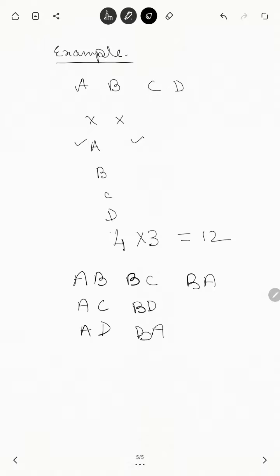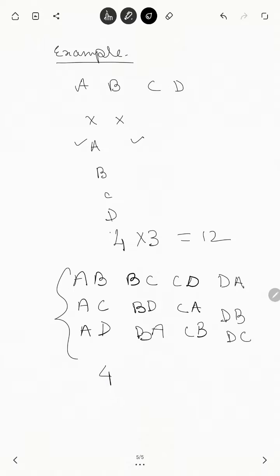Then we can start with C: CD, CA, CB. We can start with D: DA, DB, and DC. All are different. So how many codes?